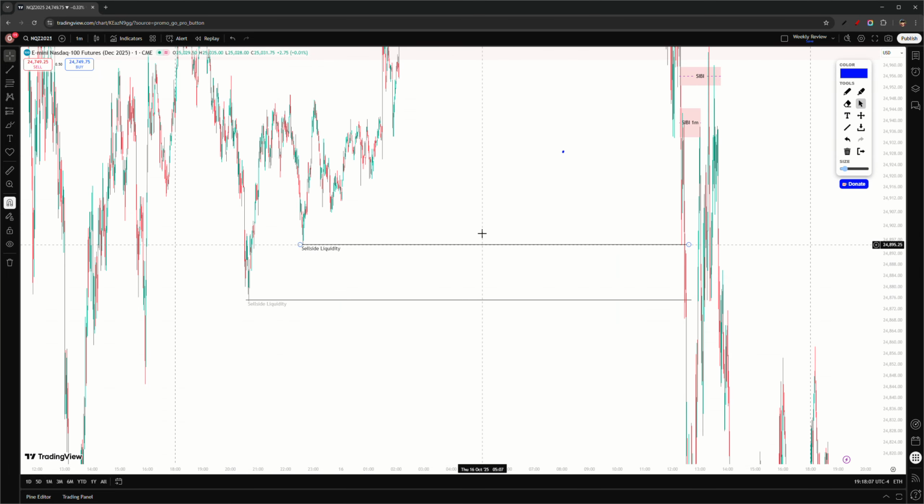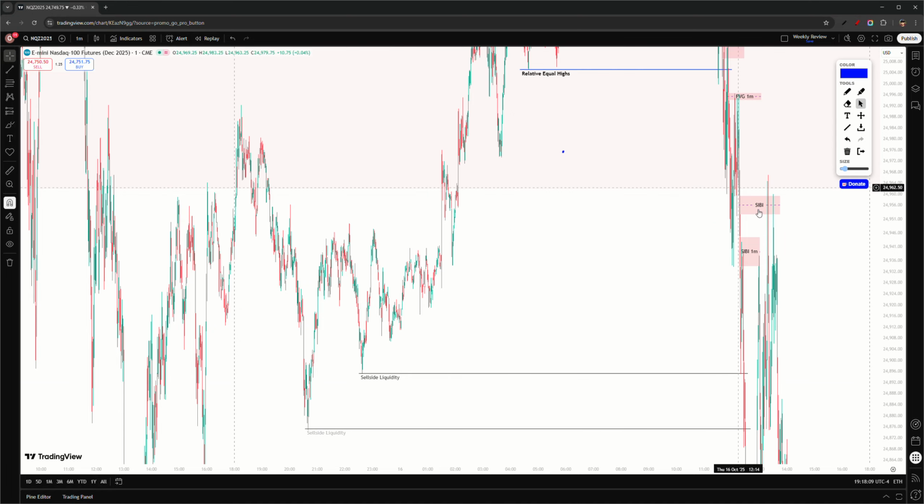So this would have been a clue that this is just a reaction, right? When tapping into those pools of liquidity resting below here, below here, below here, below here as well, and below here, right? This is the first clue that we were bearish for the day.